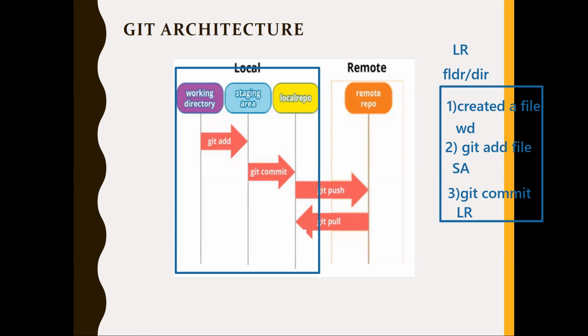Preeti, if we are pushing into remote, while pulling, it will come into the local repository or working directory. Local repository only. It will come into the local repository, right?